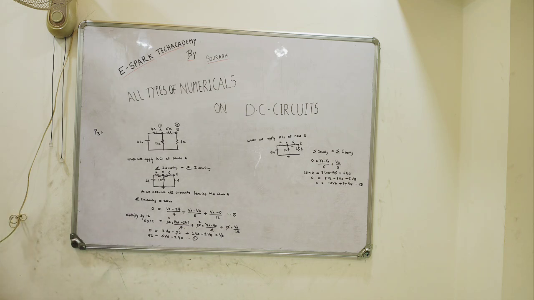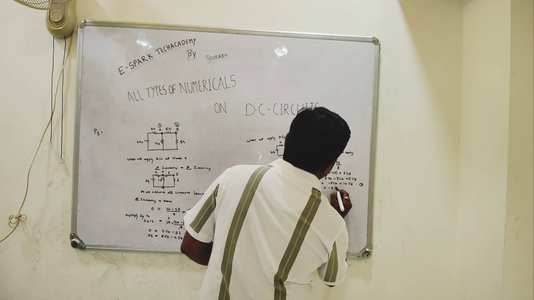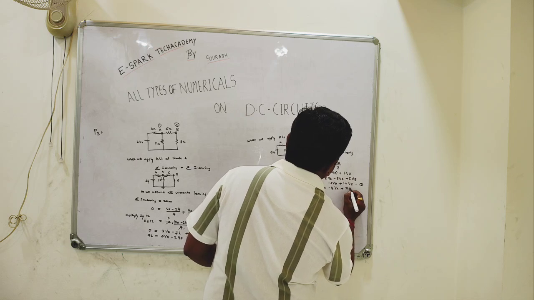Now what we will do, we will reduce it just by dividing by 2. 0 is equal to minus 4 VA plus 7 VB.